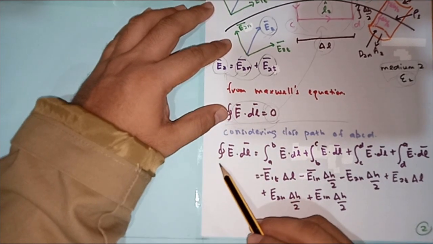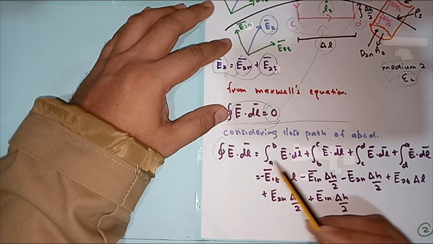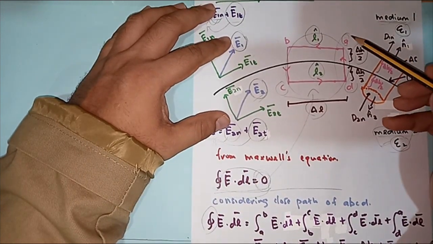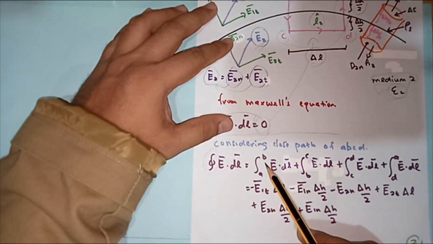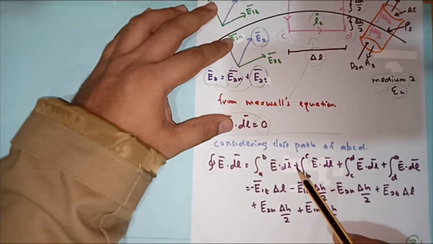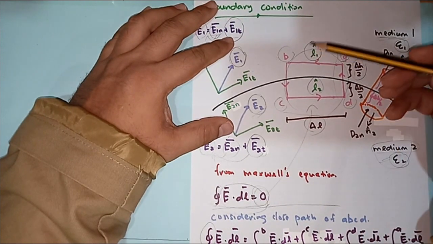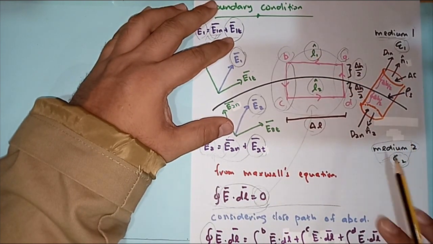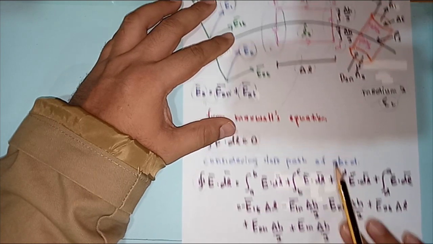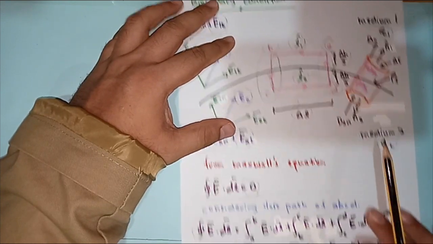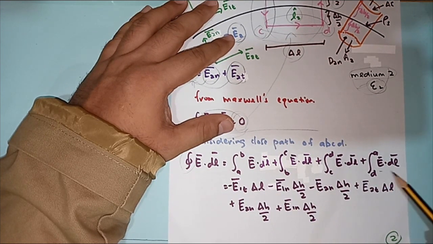We have the closed line integral of vector E dot dl equal to, first, we consider line A until B: integration from A to B of E dot dl, plus integration from B to C of E dot dl, which in this case is for this line, plus integration from C to D of vector E dot dl, represented by this line, and the last part is plus integration from D to A of vector E dot dl.